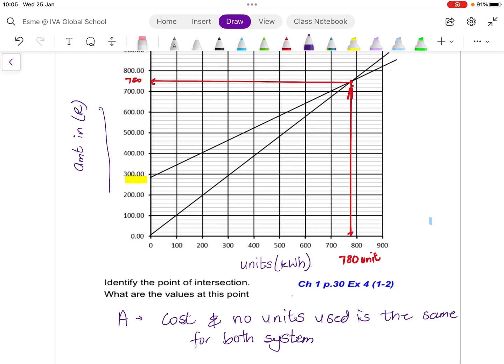So if I use exactly what I found here, call it 780, it doesn't matter if I was on the prepaid or the postpaid, I would pay the same amount.